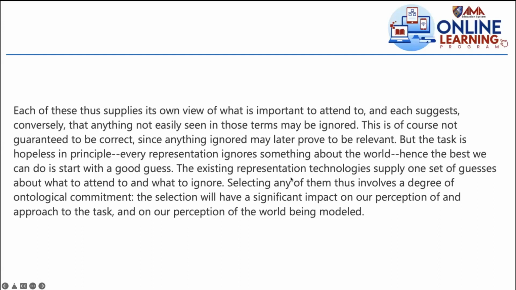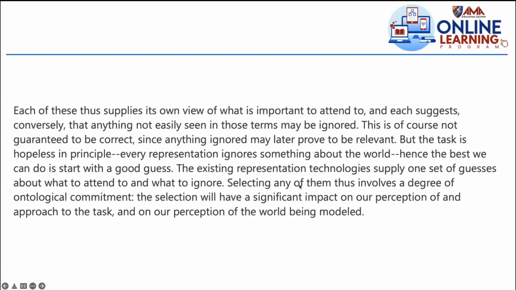Now, selecting any of them does involve a degree of ontological commitment, because you're aware of this focusing and blurring, so you know the risk at hand. So there is a commitment involved, and that is the ontological commitment, in a way. The selection will have a significant impact on our perception of an approach to the task. That's why it's important, class, that you know the task at hand so that you can choose the appropriate technique to represent the knowledge.